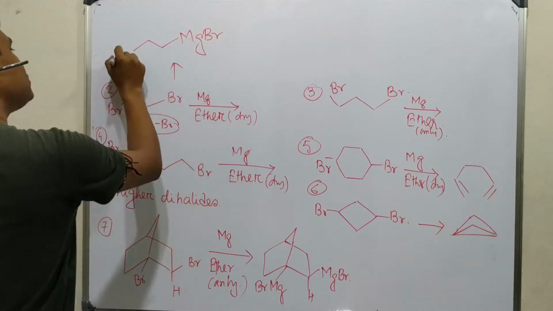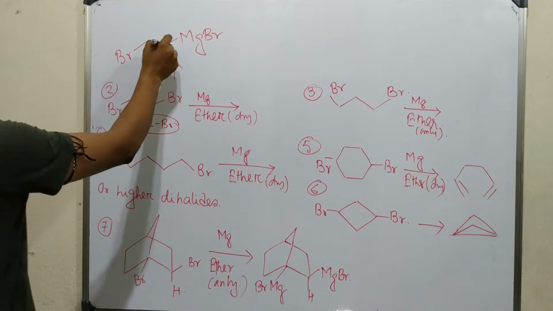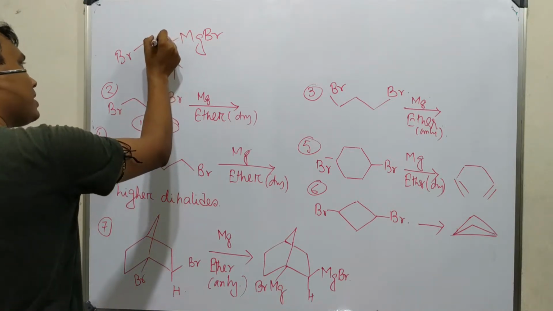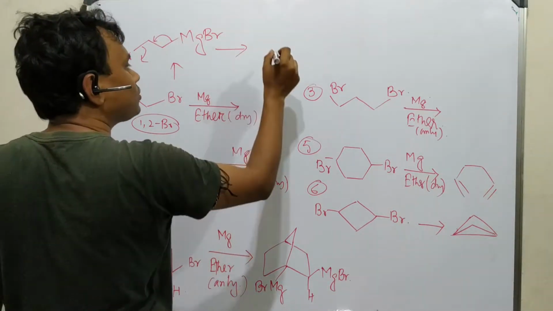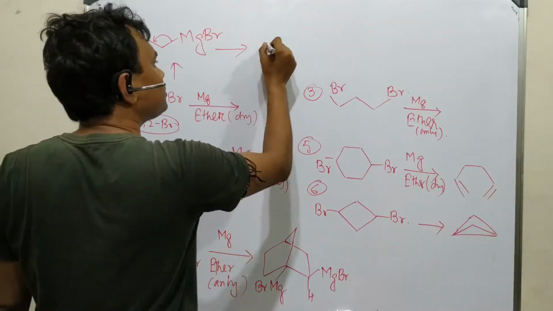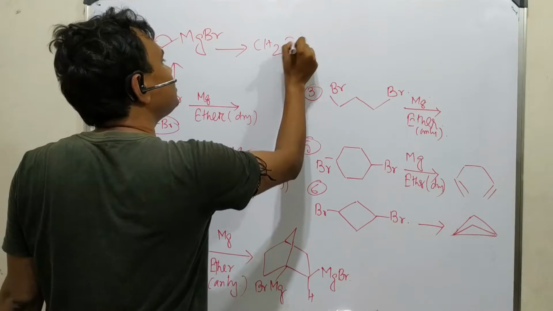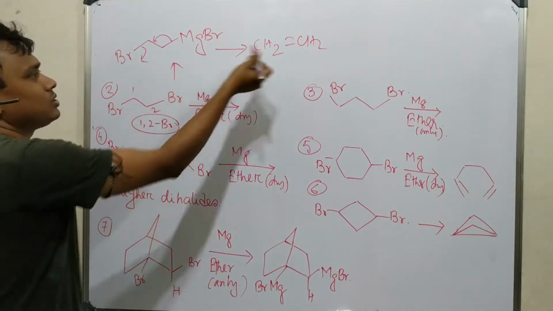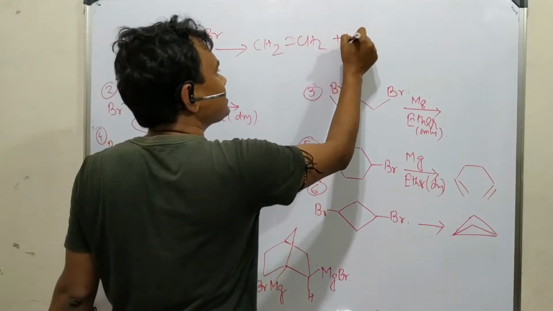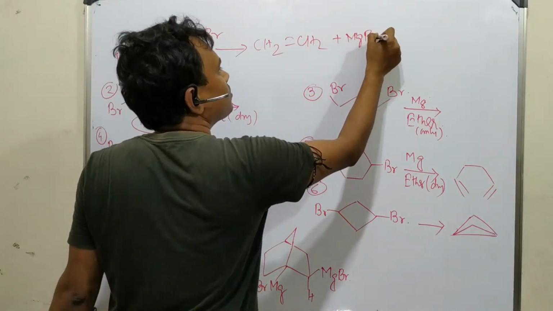There is one bromide, and this is actually a negative charge, so this bond can push here and this Br can leave. Consequently it will produce ethylene, CH2=CH2. There were previously 2 carbons, 1 and 2, so a carbon-carbon double bond is formed, plus MgBr2.